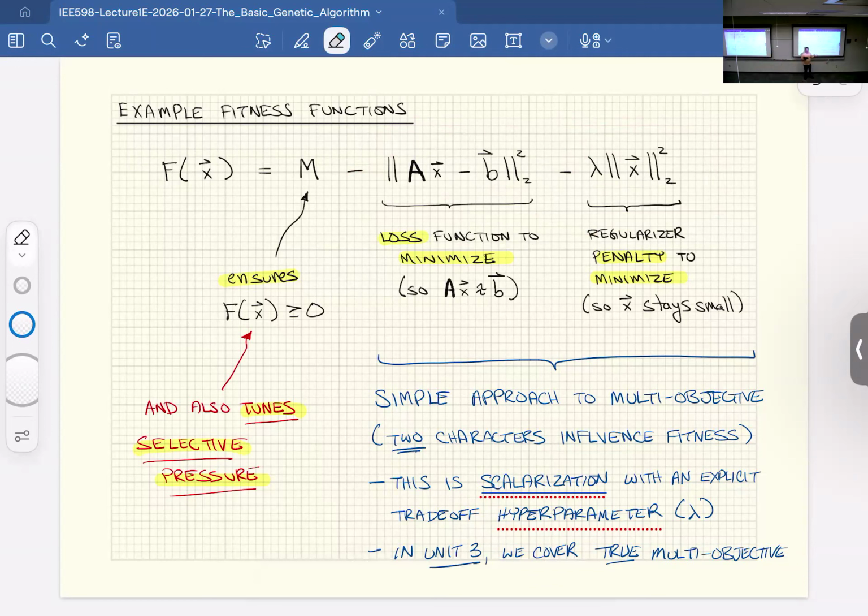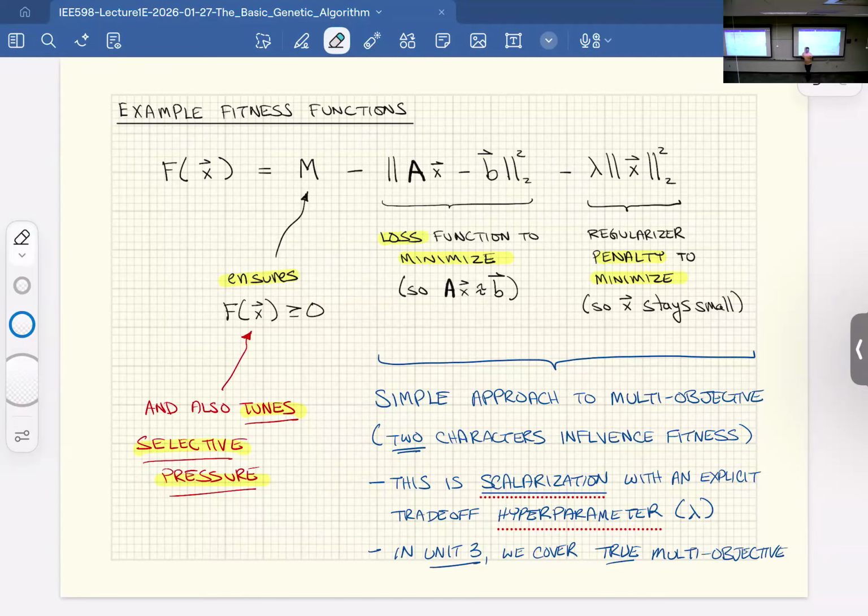It's a bit of semantics, though, because you might say this whole combination is one single character. My genetic algorithm doesn't care that I'm viewing the genotype in two different ways and combining them. It just cares that I have one way to view the genotype, so it's not really two characters.